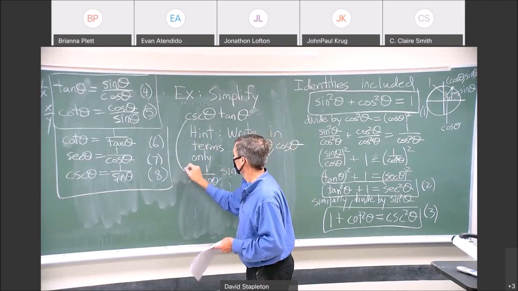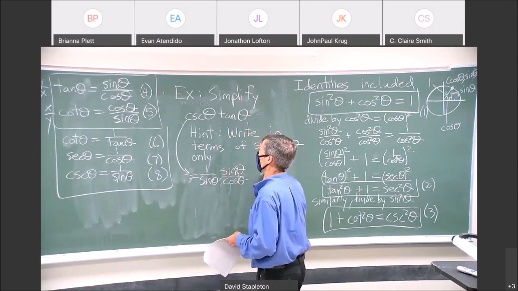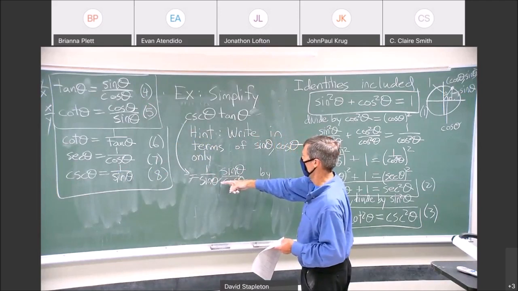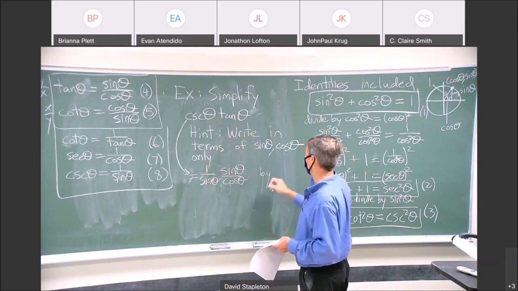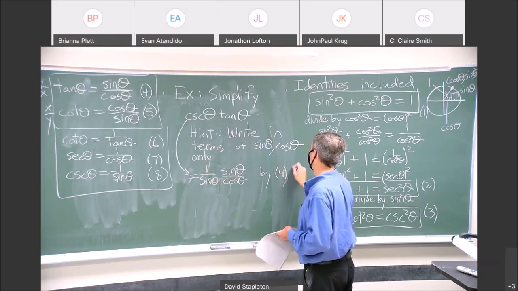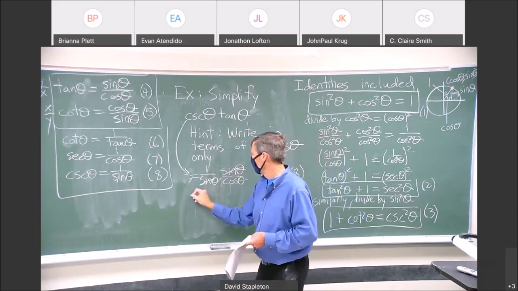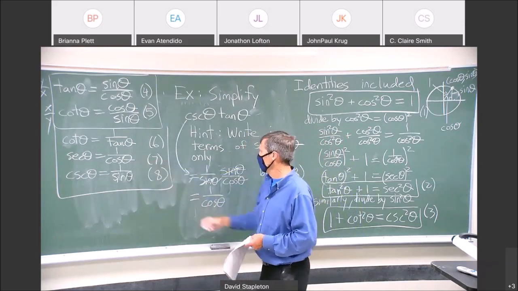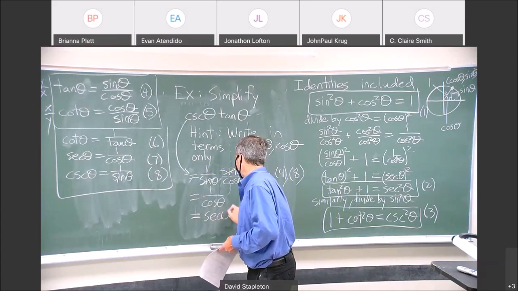We'll say this is equal to this by 8 and 4. All right? And now the sines cancel each other. You have 1 over cosine, but 1 over cosine by 7 is secant. So there's the simplification.